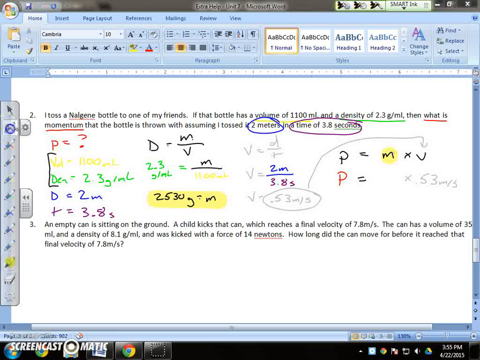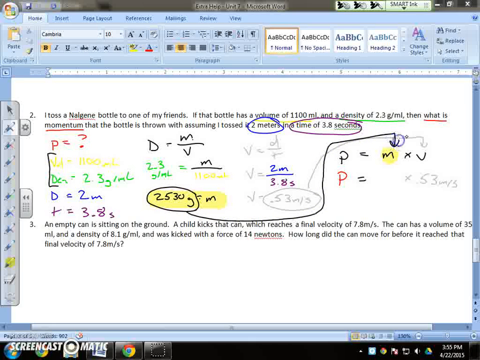So along the way of transferring from here, this 2,530 grams, to here, we need to convert. And we're converting from grams to kilograms. So in order to actually do that, we're going to move the decimal over 3. 1, 2, 3.